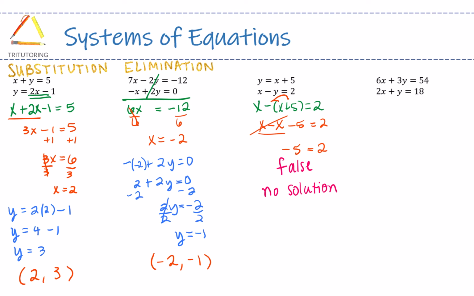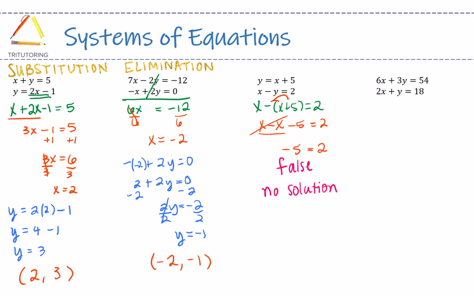On this last one, I'm going to choose to use elimination to practice a skill where I need to multiply one of the equations. Right now I don't see opposites, but I know that I can make opposites. If I look at 3y and 1y, I know that I would be able to cancel out the y if I had 3 minus 3.